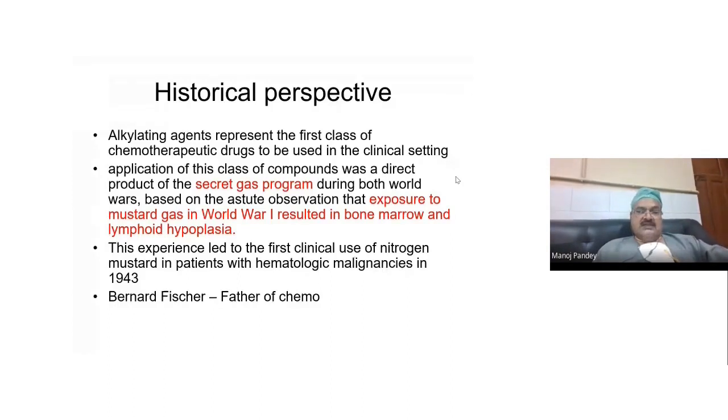So this led scientists to think that if a gas is suppressing the bone marrow and causing lymphoid hypoplasia, then this can be used for the treatment of blood cancers. And that's how in 1943, nitrogen mustards were used for hematological malignancies.